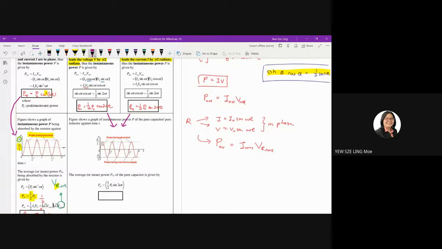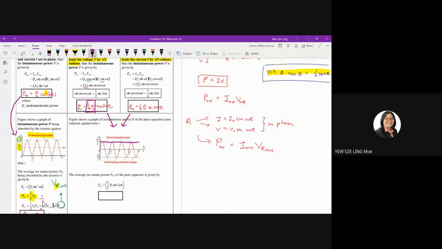the maximum value in the graph is 1 over 2 P naught, because that is the value that you have in front of your trigo function in the equation. So 1 over 2 P naught represents the maximum value that you can have. P naught, the peak value, divided by 2 is the maximum power that you can have in a pure C or a pure L circuit.